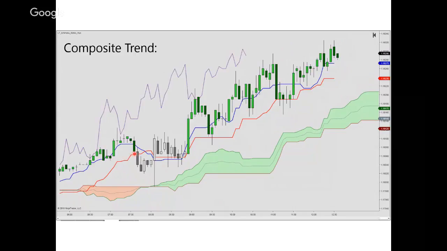And you then also want the Tenkan Kijun cross to have occurred. So in an uptrend, you want the Tenkan line to be above the Kijun line, so blue needs to be above the red line. And then furthermore, you want the prices to be moving above the cloud in order to be an uptrend.